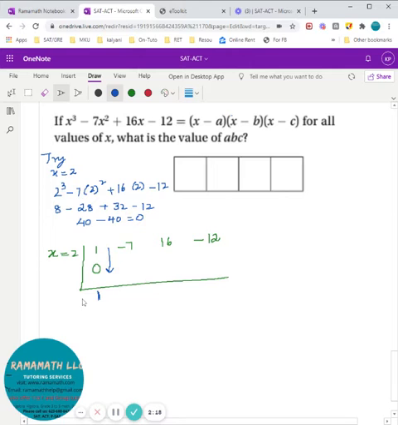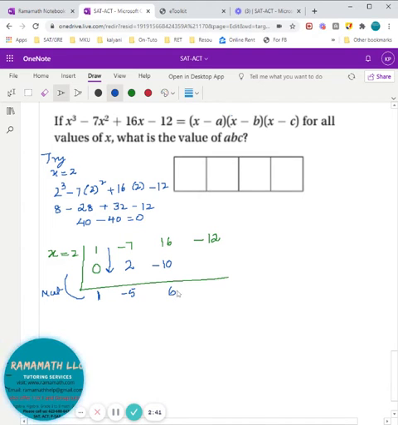That's 1, and then you multiply these two. 1 times 2, that is 2. And that's negative 5. Again, you multiply these two. So negative 5 times 2, that's negative 10. Combine these two again. So 16 minus 10, that's positive 6.